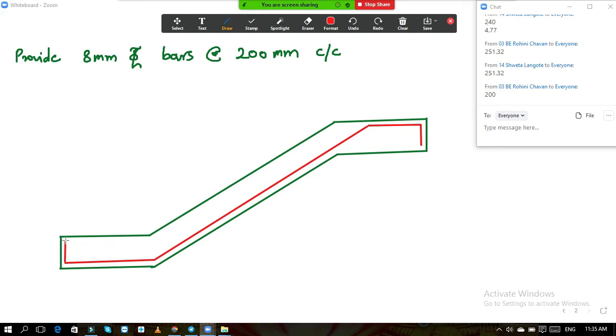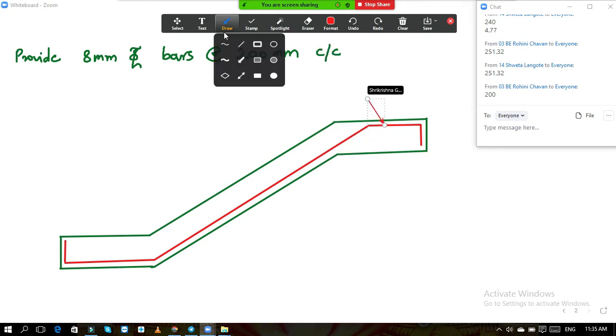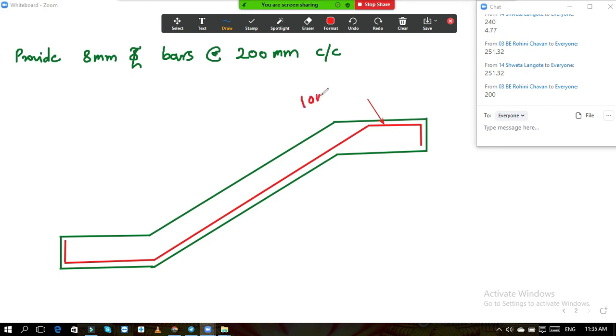You draw the diagram. This diagram is very important. This is your main steel bar profile. This bar that I have shown you now is your main bar. If I name this bar, this is your main reinforcement bar, that is 10 mm bar at 100 mm center to center.